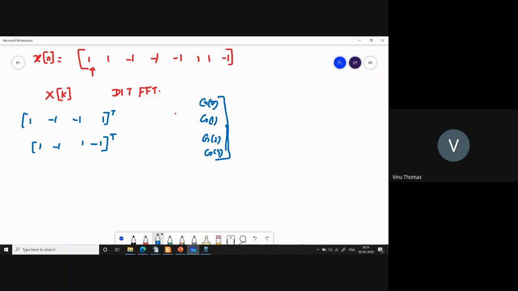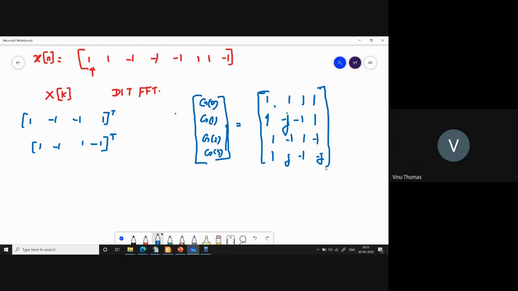The first row is 1, 1, 1, 1. The second row would be 1, minus J, minus 1, J. The third row would be 1, minus 1, 1, minus 1. And the last row would be 1, J, minus 1, minus J, which we have seen. Do you remember this? We have seen the DFT equation for the 4-point DFT, and we had also drawn the 4-point butterfly.